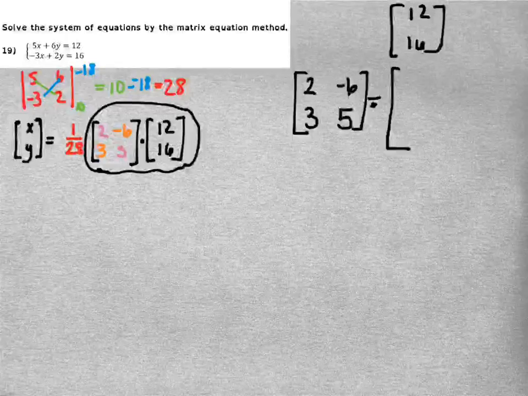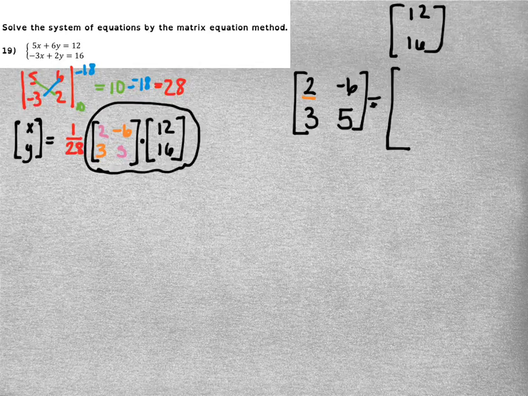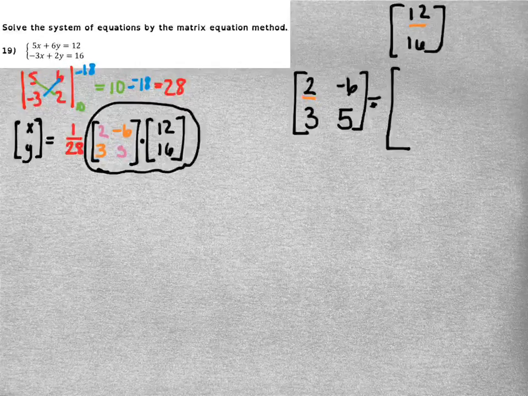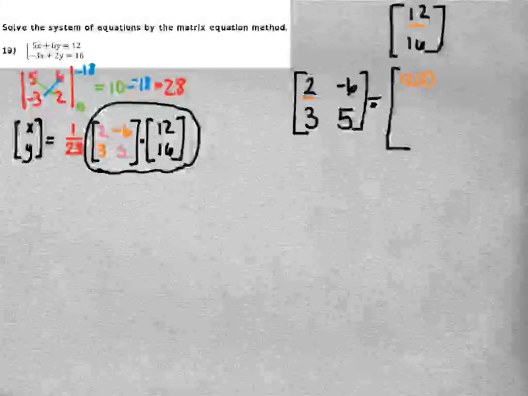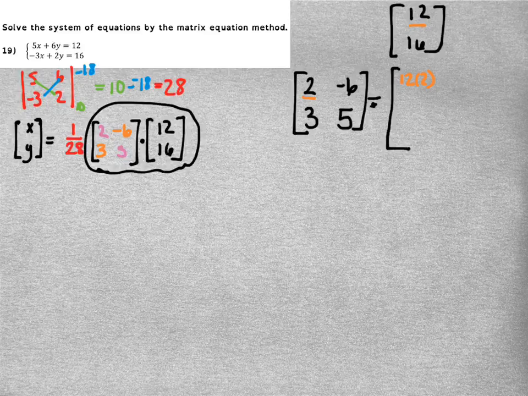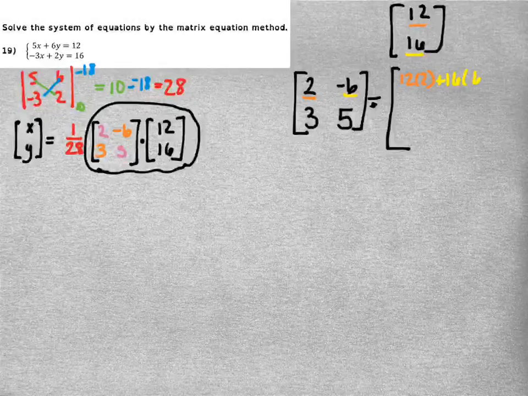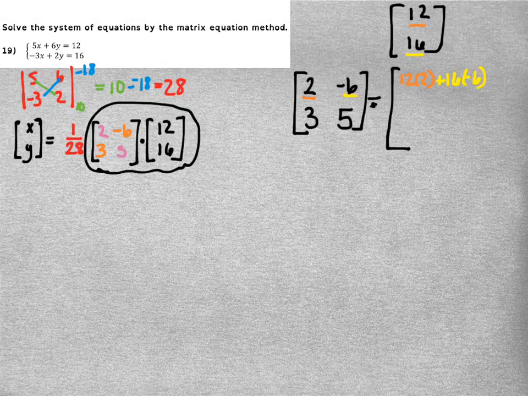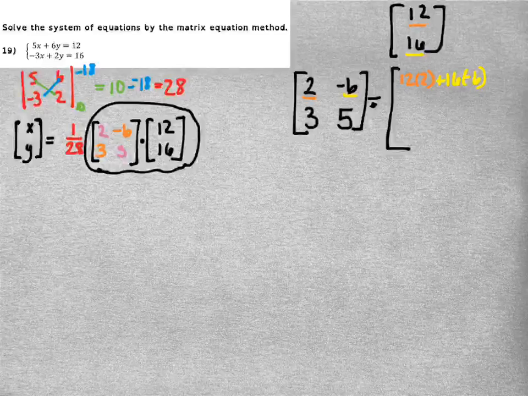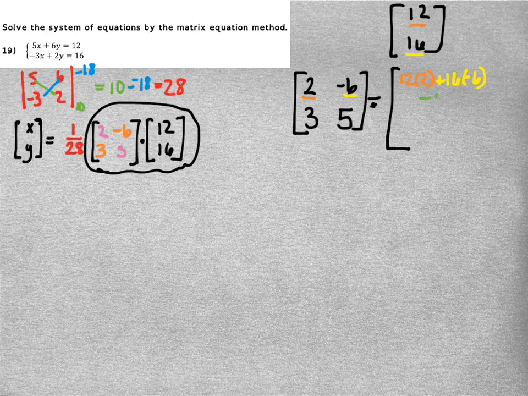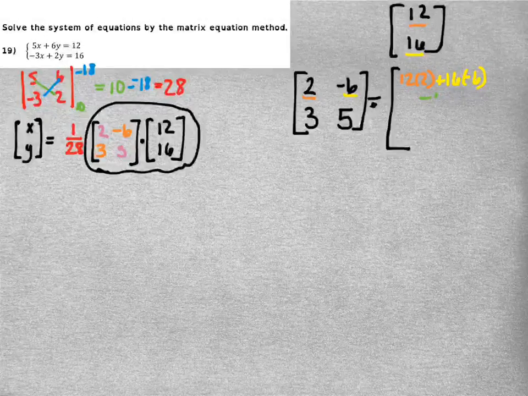And so we are going to multiply 12 times 2 plus 16 times a negative 6. And that gives us a negative 72 for that number.